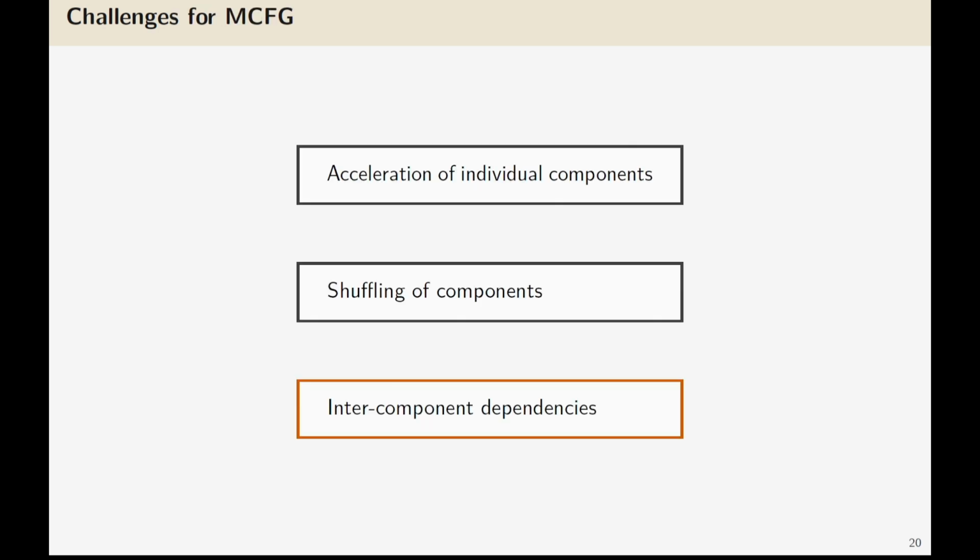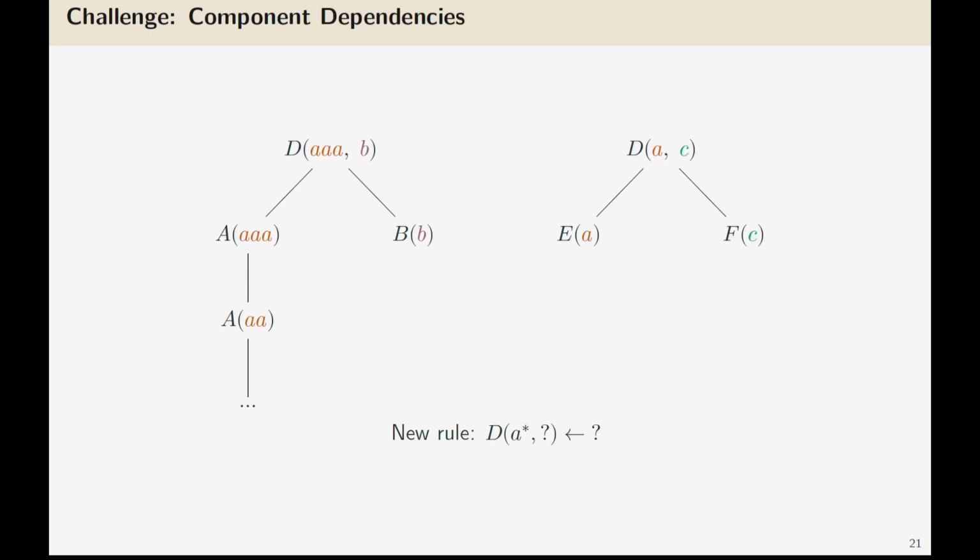And lastly, even if you have done all this work to identify which components are acceleratable, you can't just ignore the other components because there might be dependencies. So here's an example. I have two derivation trees for the D non-terminal. And you can see on the left, this is acceleratable because I can have as many A's as I'd like.